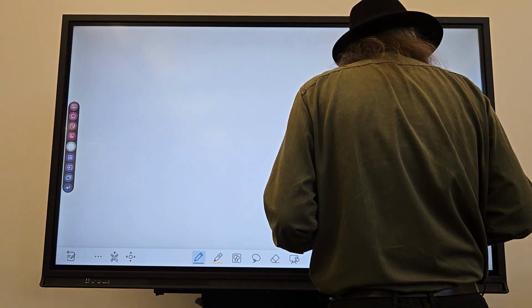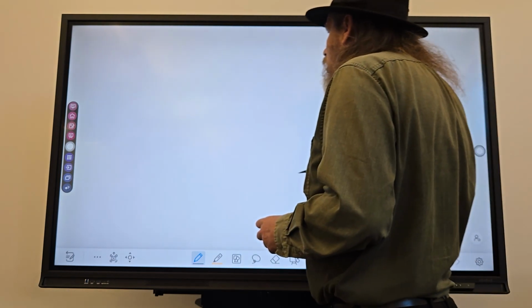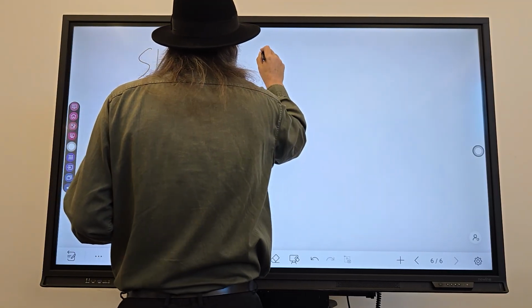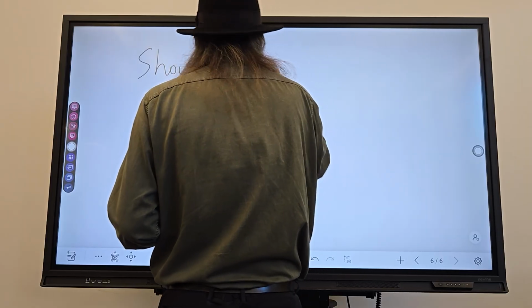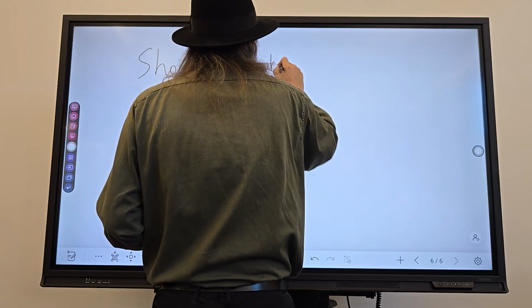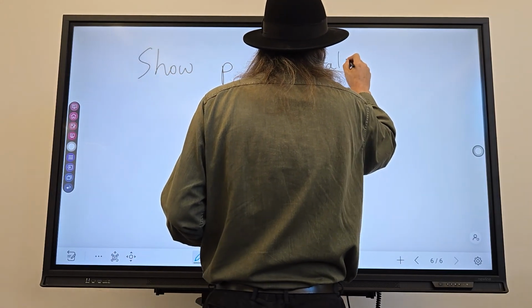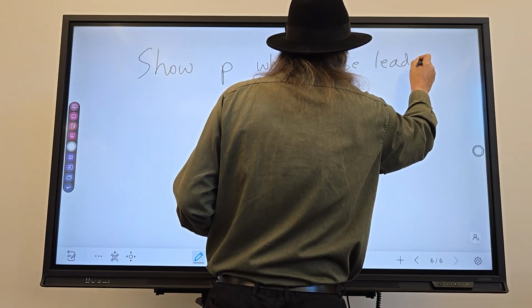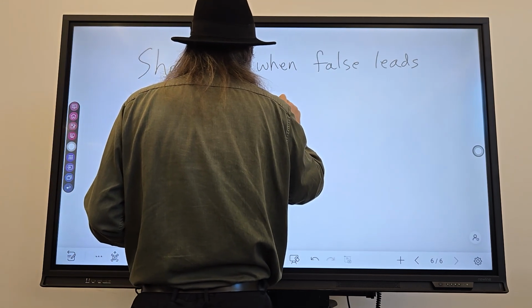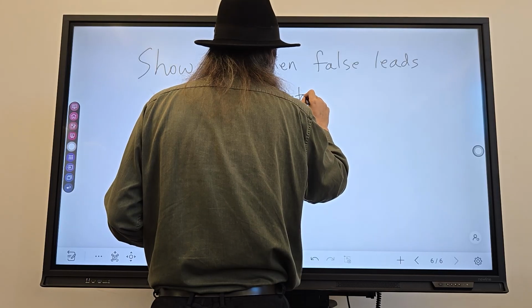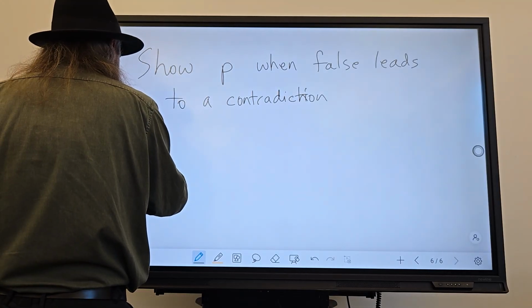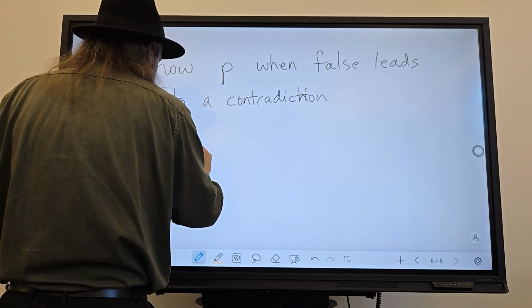If you can show the supposition, for example P, when false, leads to a contradiction, this means P is true.